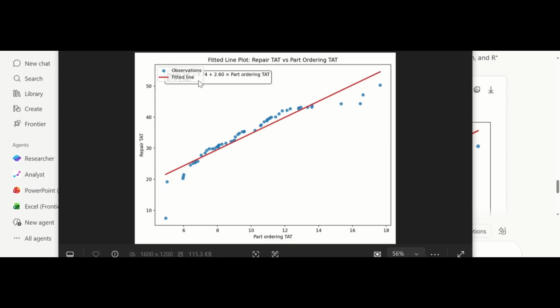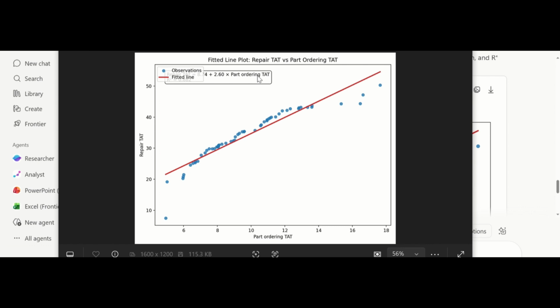Yeah, the image has the same issue, but if you look through this image, repair TAT is equal to 8.74 plus 2.6 into part ordering TAT, which is the same as what Minitab has provided, but there is some difference in the clarity of the graph. So I think I'll give an edge to Minitab in this particular video.